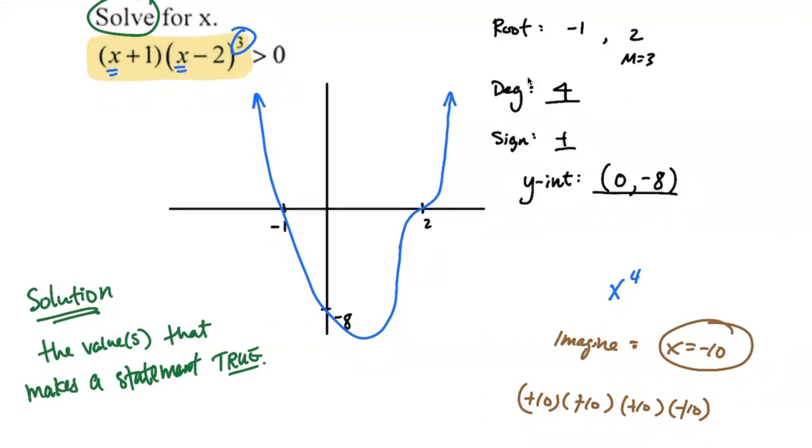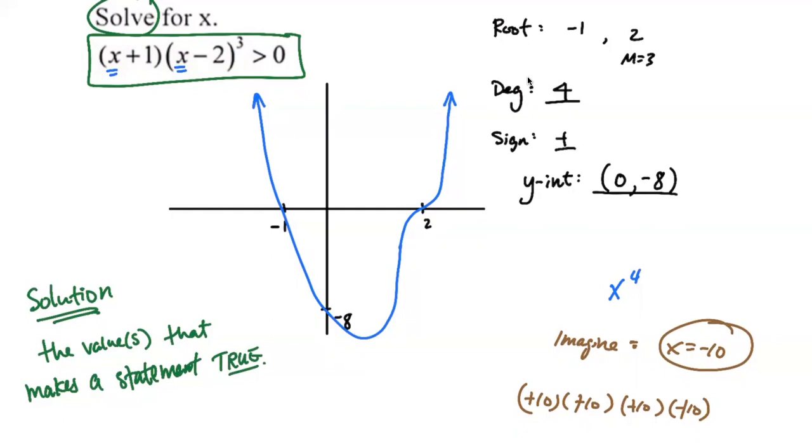So what statement are we looking at here? We are looking at this statement. We would like to find out the x value or x values that would put the polynomial above 0. We want to find the x values that would give the polynomial a positive value that's bigger than 0. And the graph is your best approach because the graph shows you vividly and explicitly which part of the graph is greater than 0.